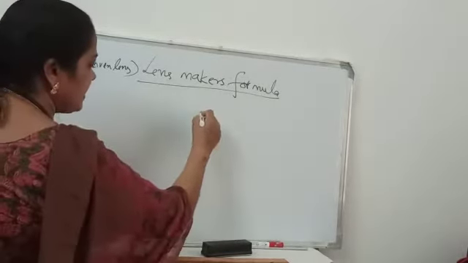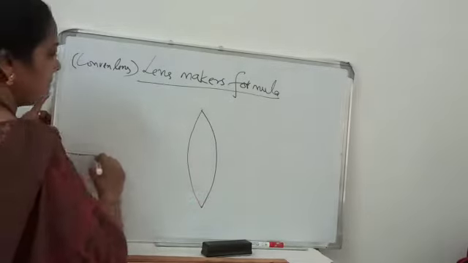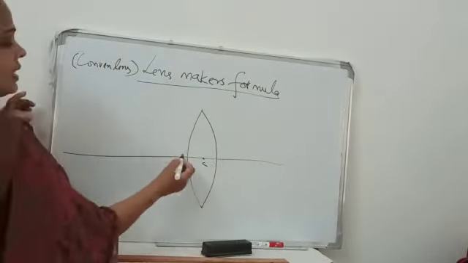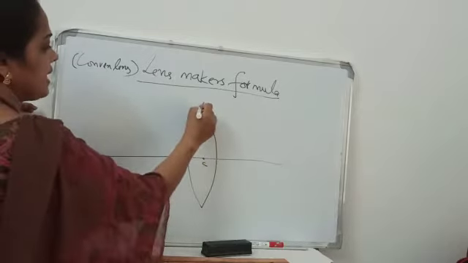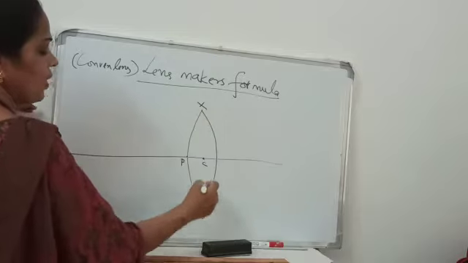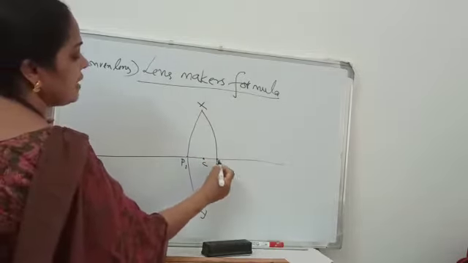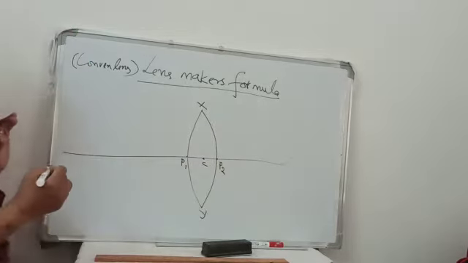Now, let us consider a convex lens. This is the optic center. This is the pole of this surface. Let us name the lens surface XY. This is P1, the pole for this surface, and this is the pole for the other surface.